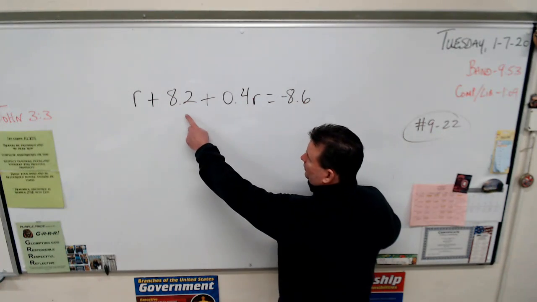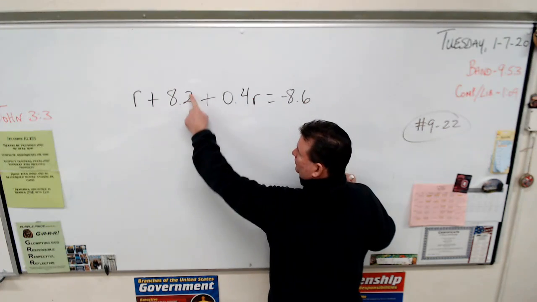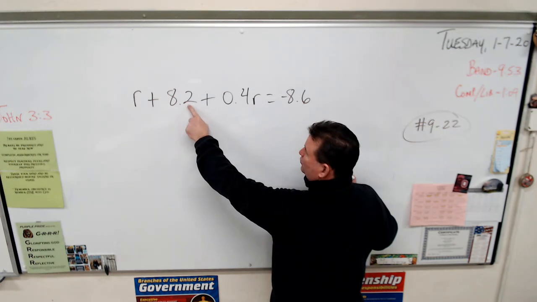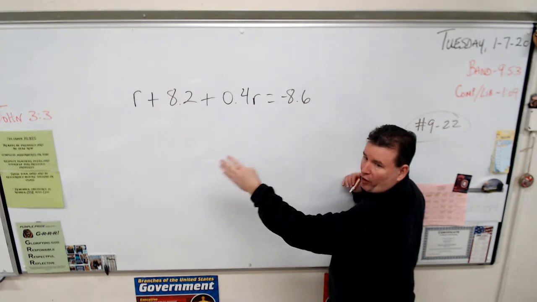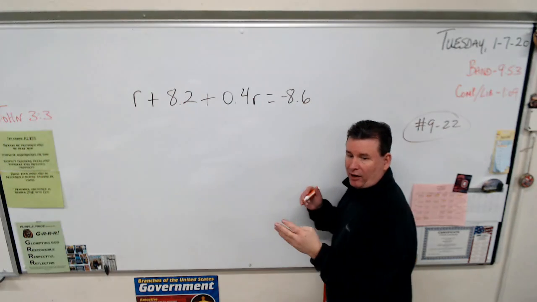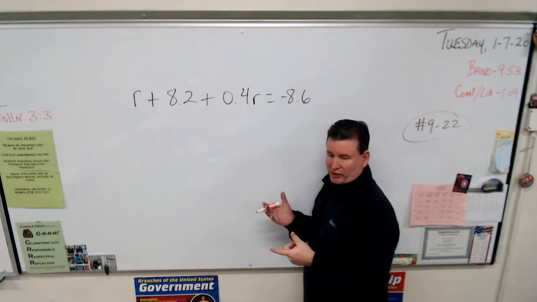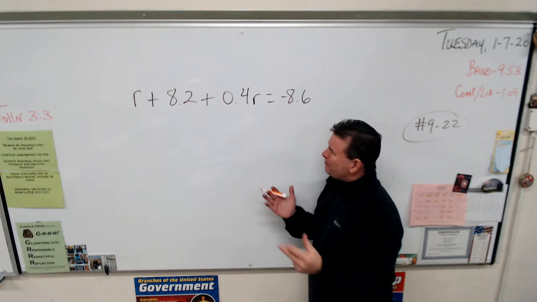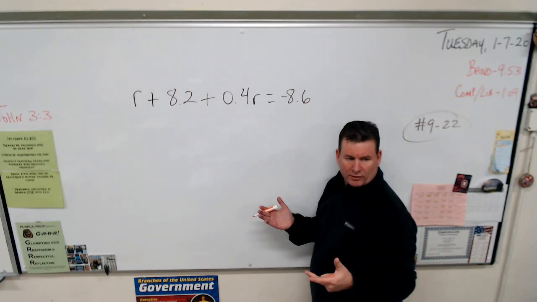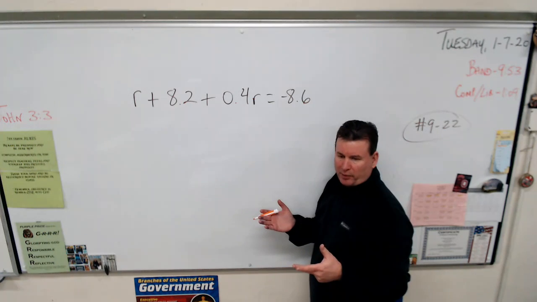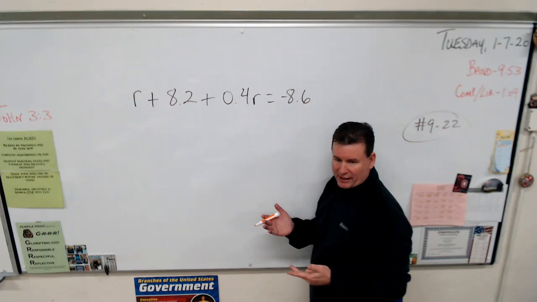Because the most decimal places we have is 1/10. So by multiplying by 10, we get rid of all the decimals. Now, I can't just pick and choose which things I'm going to multiply by 10. That messes up the whole balance of the problem. Everything's got to be multiplied by the same number in order for it to stay equal.